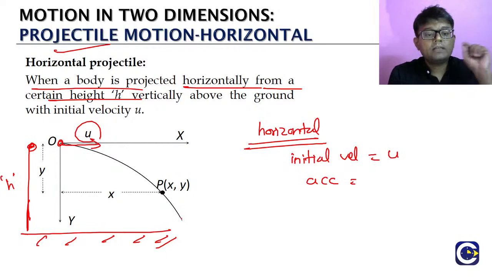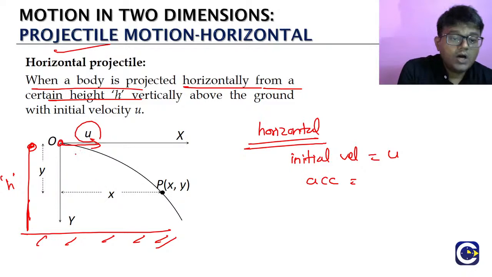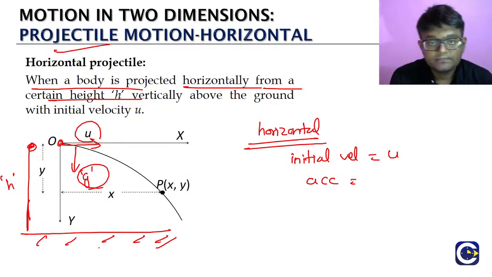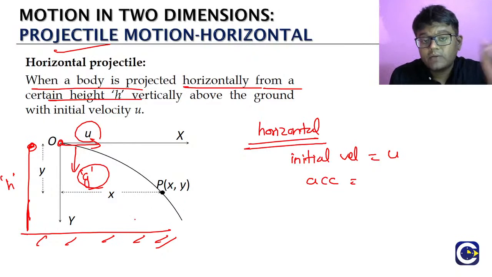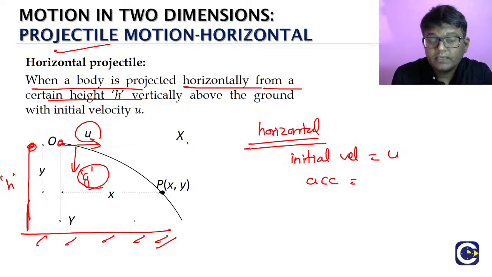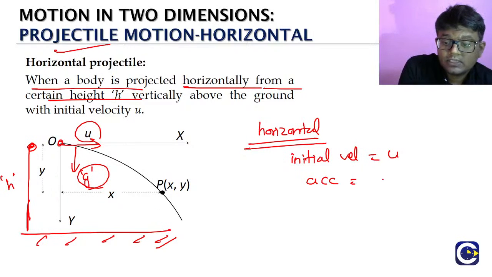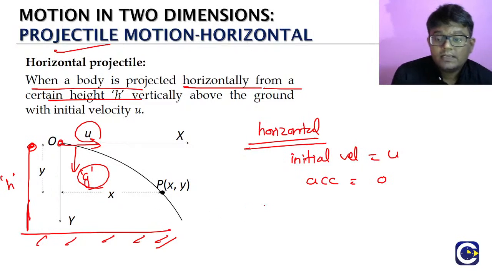Once you have thrown it, the object will only have acceleration due to gravity, correct? No other acceleration will be acting on it. That is what a projectile is; it is only under the influence of gravity. The acceleration due to gravity is vertically downwards. Is it having any acceleration in the horizontal direction? No. In the horizontal direction the acceleration is what?